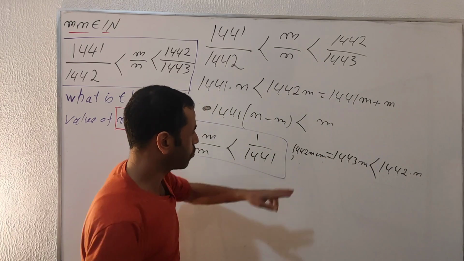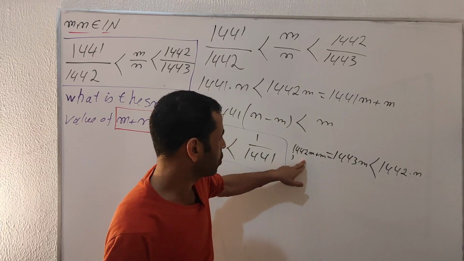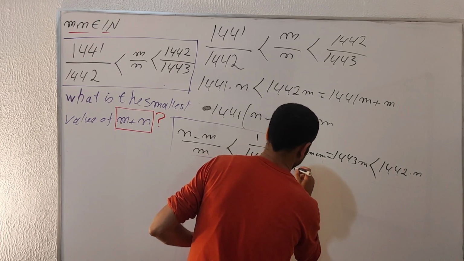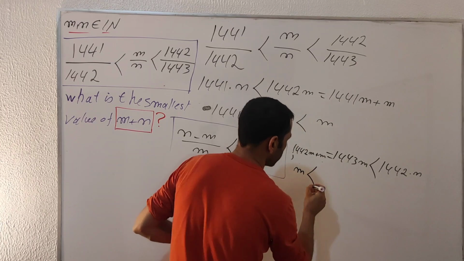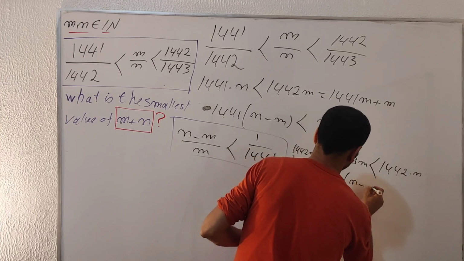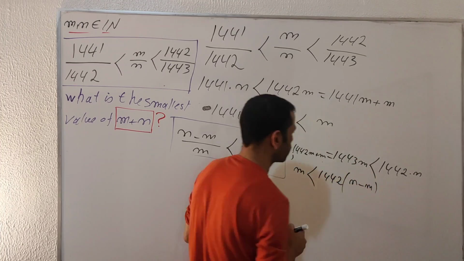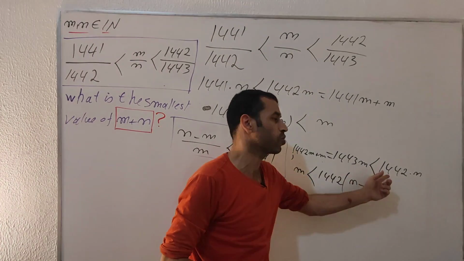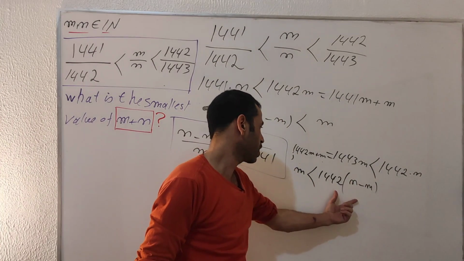Then moving this term to the right, I get m is strictly inferior to 1442 multiplied by n minus m. What I have done here is simply move this one to the right and take 1442 as a common factor. I get this expression.